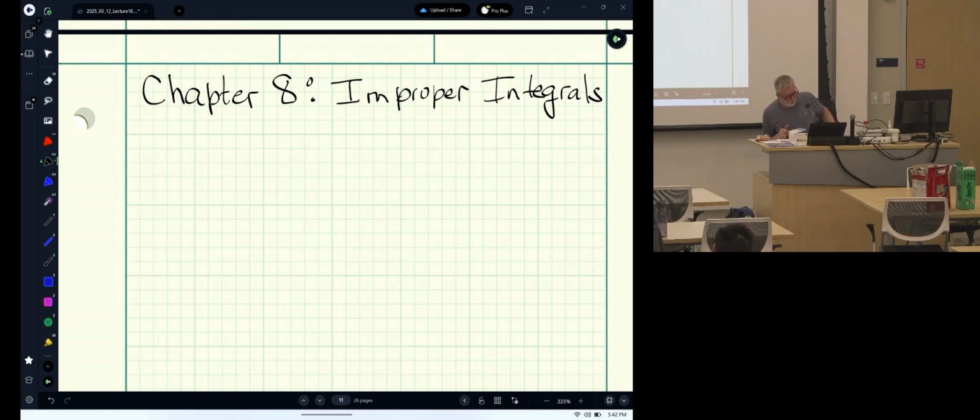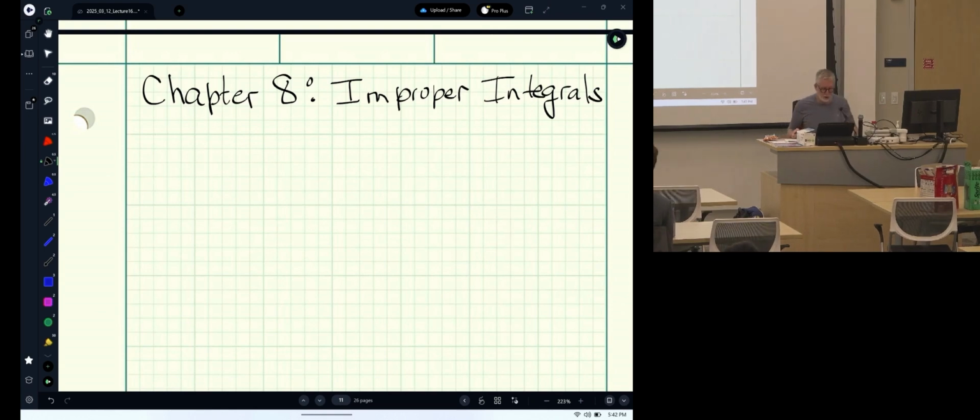So what's improper about an improper integral? Maybe the name, okay? So the name is there to give you warning that something a little bit complicated could be going on.